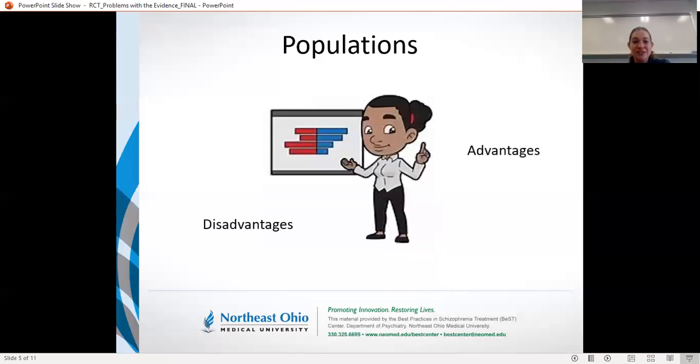Now, there are advantages and disadvantages to having those different populations. And I put this in here because I think that when we look at the differences between the clinical trial population and the clinical practice population, it seems relatively skewed. But some of the advantages to having that, I'm going to call it a cleaner population, a very specific population, is we're able to get rid of some of the confounders.